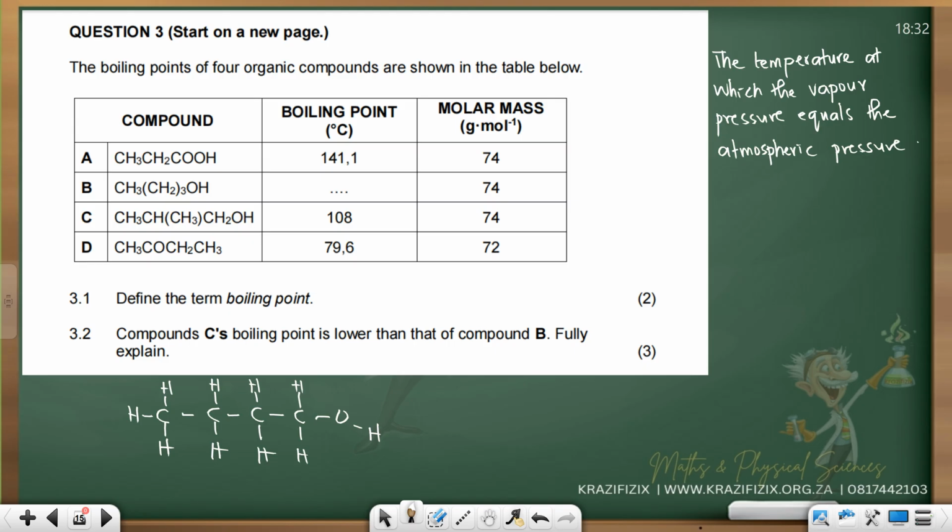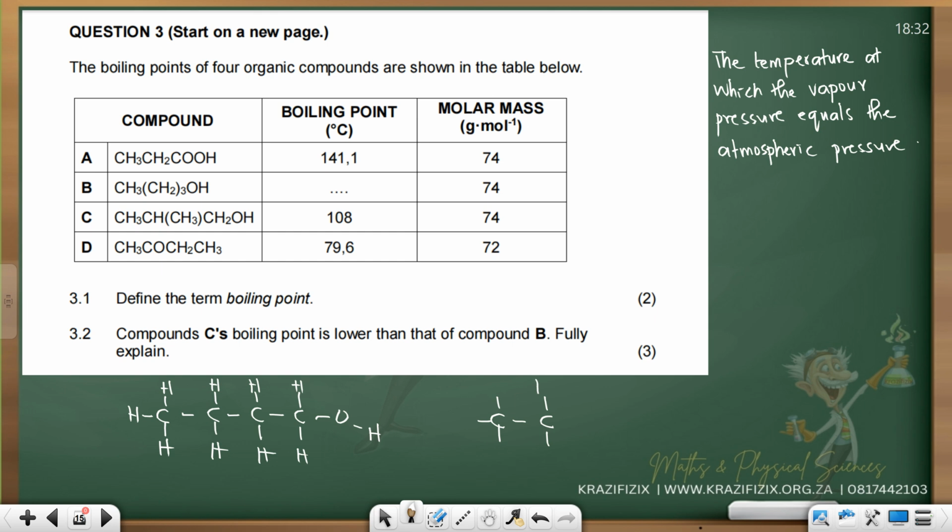I need to look at that memo and fight. Okay. All right. That is B, right? What about C? If we were to draw C, what would it be? CH3, CH. Now, do you notice that there's a bracket there? Once I see a bracket, I'm talking about a chain.